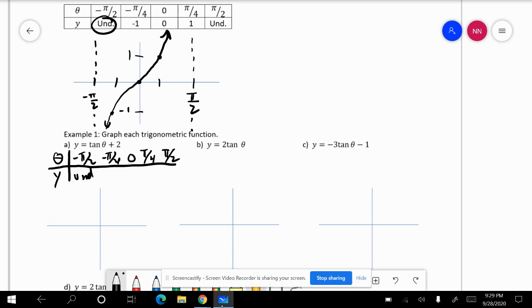Our first and last for tangent are always undefined. And then our first value is negative 1, but when we add 2, it's 1. The tangent of 0 is 0, plus 2 is 2. And the tangent of pi over 4 is 1, plus 2 is 3. So what we have is a value at 3.